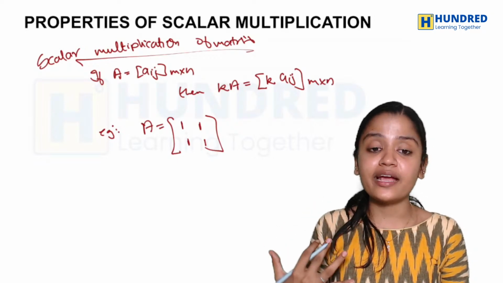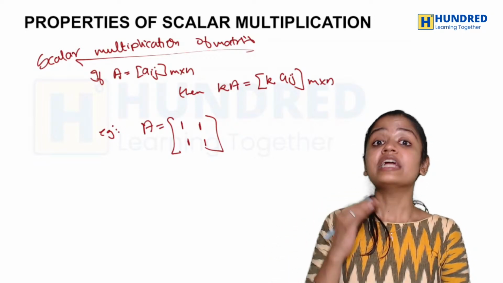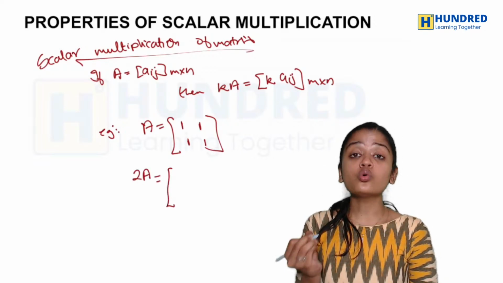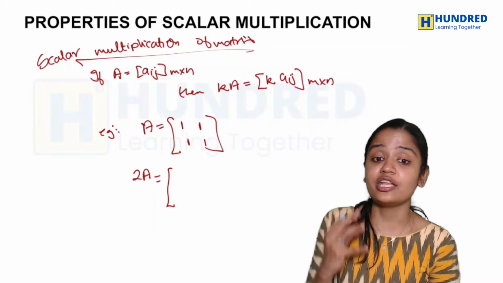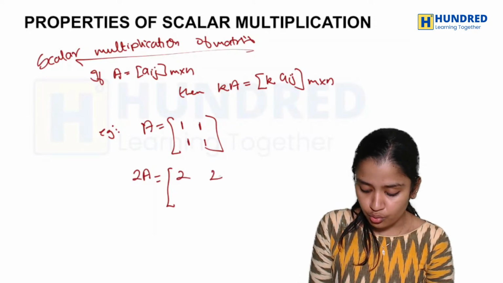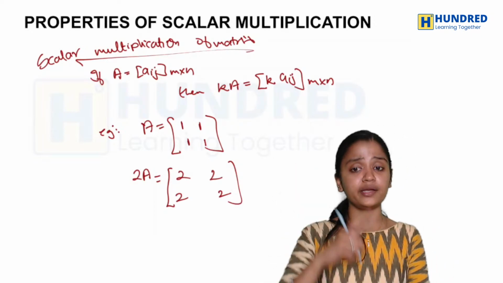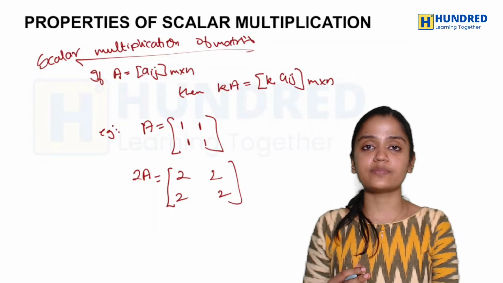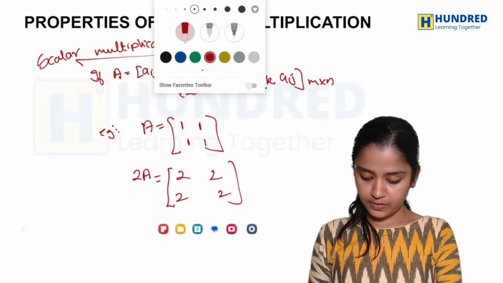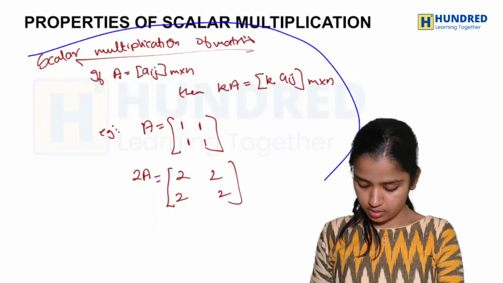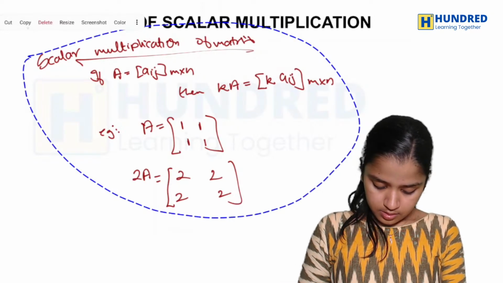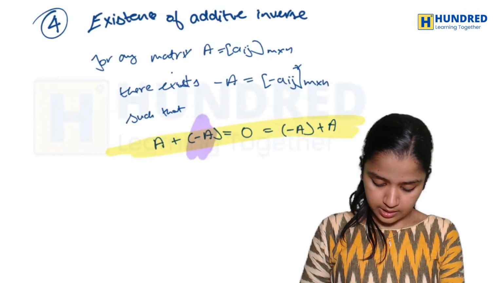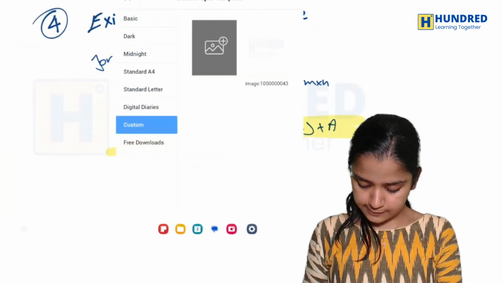I'm just writing an all-ones matrix to make the difference clear. When you take 2A, 2 is multiplied to each and every element, so 2, 2, 2, 2. Basically 1 into 2, 1 into 2, 1 into 2, and again 1 into 2. So this is my scalar multiplication. Let me copy this and do it, then we'll be learning about the properties.